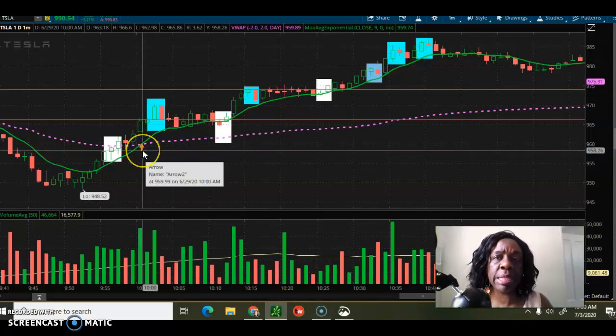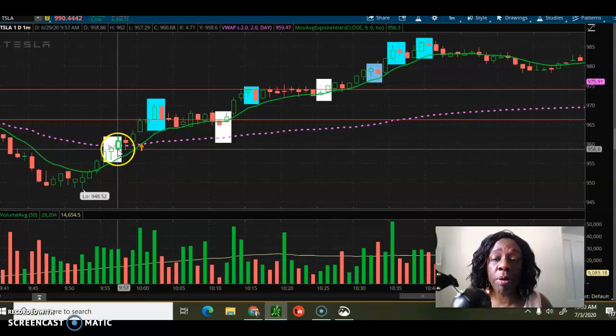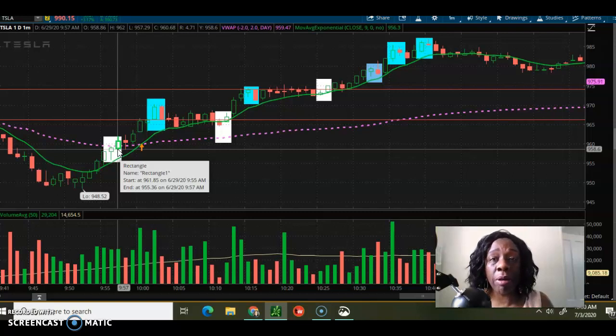That's why I put this little orange arrow here, because that probably would have been a safer trade, as it would have avoided this red arrow here. But I entered at the point within the white box where I had my first green candle close above the VWAP.